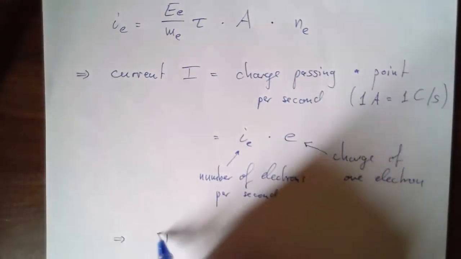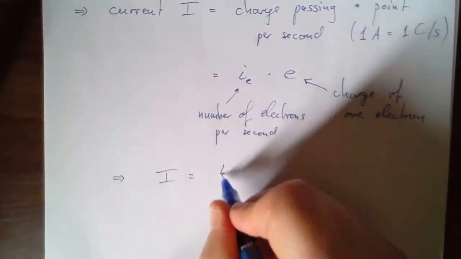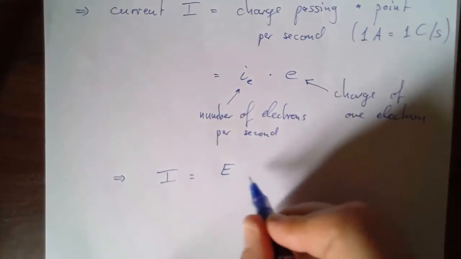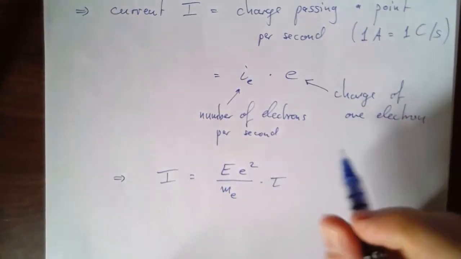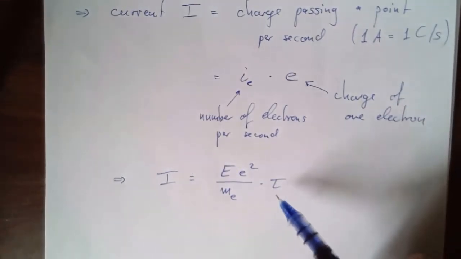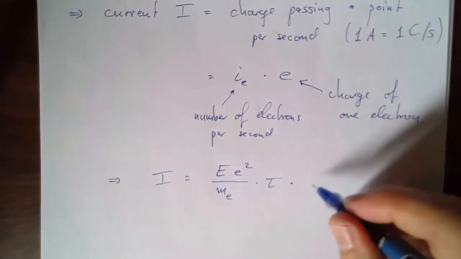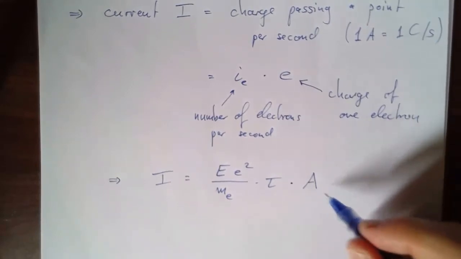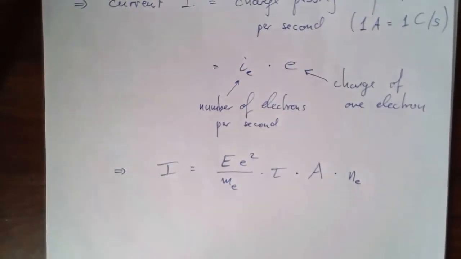So I'm going to find that I is equal to E, electric field strength, times E squared over the electron mass times the average time between collisions, which is hard to calculate. It depends on the material, how the atoms are arranged, how dense they are, how big they are, how warm it is, times A, cross-section, times the number of free electrons per volume. It's kind of a chunky expression, but hopefully you see how we got there. It's not something you would just guess, right? This is my expression for the current, but step by step we made our way there.